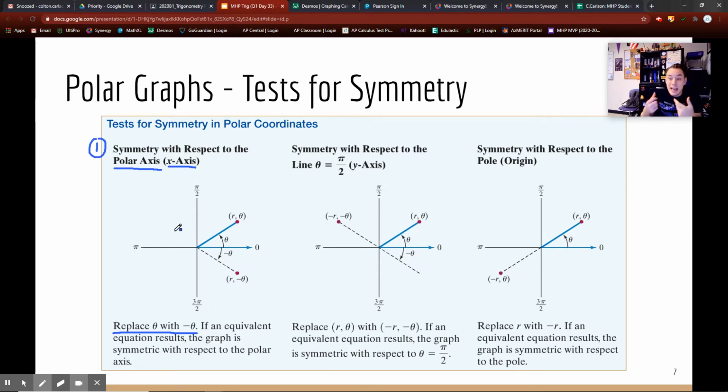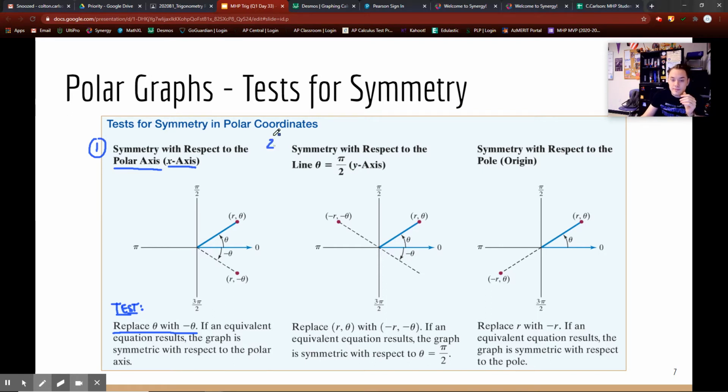If you get the same graph out, then it's symmetrical. If you don't get the same graph out after you do this test, because this is your test, then it's not symmetrical according to this. Make sense?